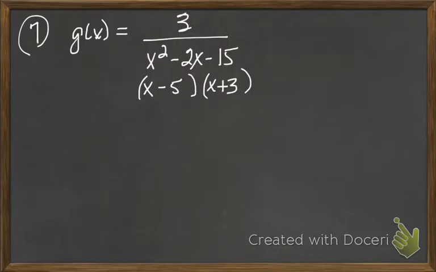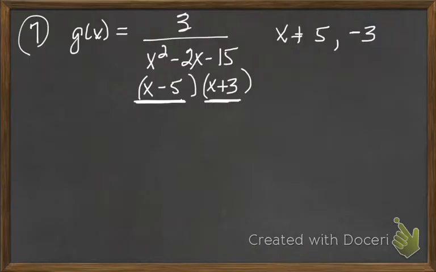Then we can look at each factor, and this factor, what makes this factor go to 0? Positive 5. So x can't be positive 5, and in this factor, x cannot be negative 3. So now I have two values that cannot be in my domain.